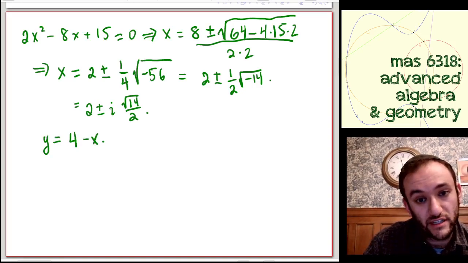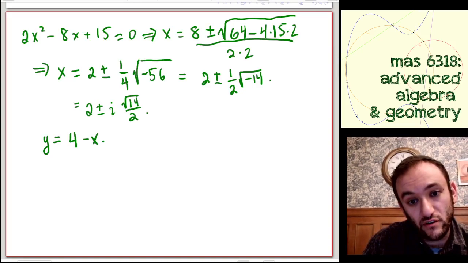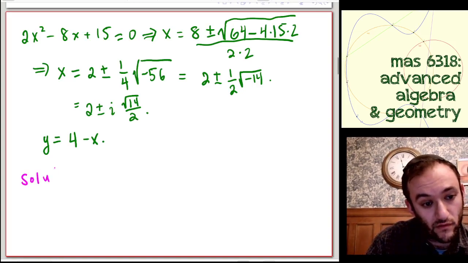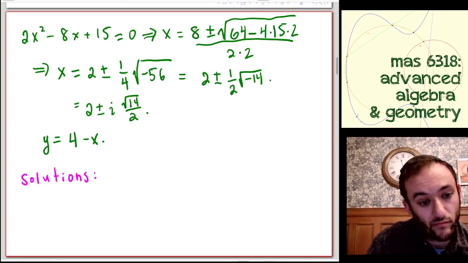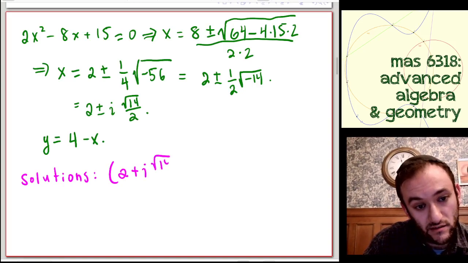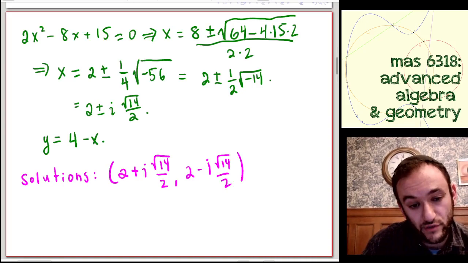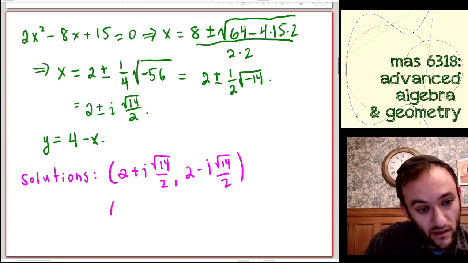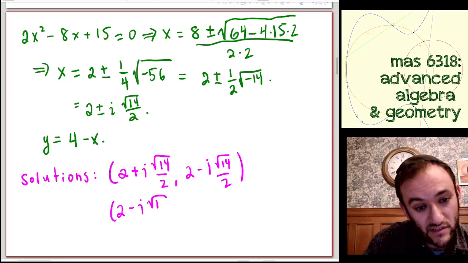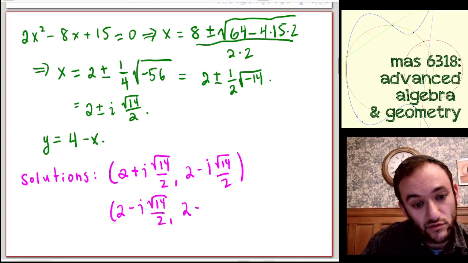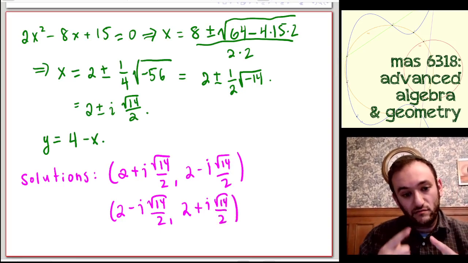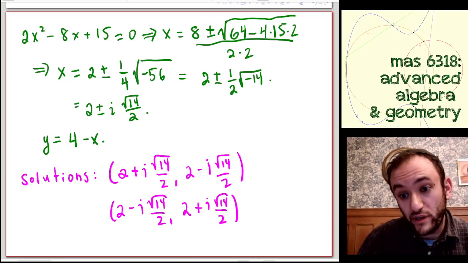Okay, so our solutions, after all that, are x equals 2 plus i times the square root of 14 over 2, with y equal to 2 minus i times the square root of 14 over 2 when you subtract it from 4, and x equals 2 minus i times the square root of 14 over 2, with y equal to 2 plus i times the square root of 14 over 2. And it makes sense that we get versions where you swap coordinates because both equations were symmetric in x and y.